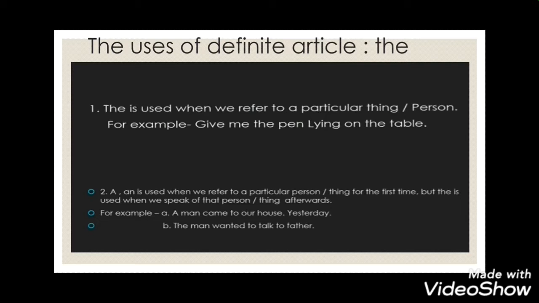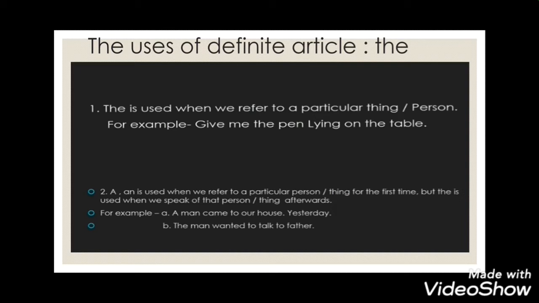Number two: a or an is used when we refer to a particular person or thing for the first time, but the is used when we speak of that person or thing afterwards. For example, a man has come to our house yesterday. Number B, the man wanted to talk to father. So students, from these two examples you can see that in the first sentence we have used the article a before man, as it starts with a consonant sound.